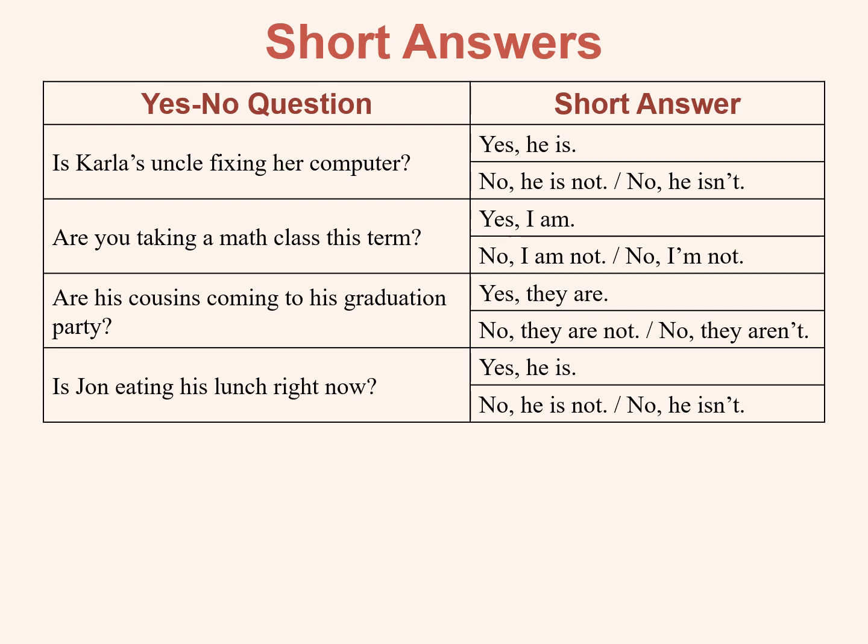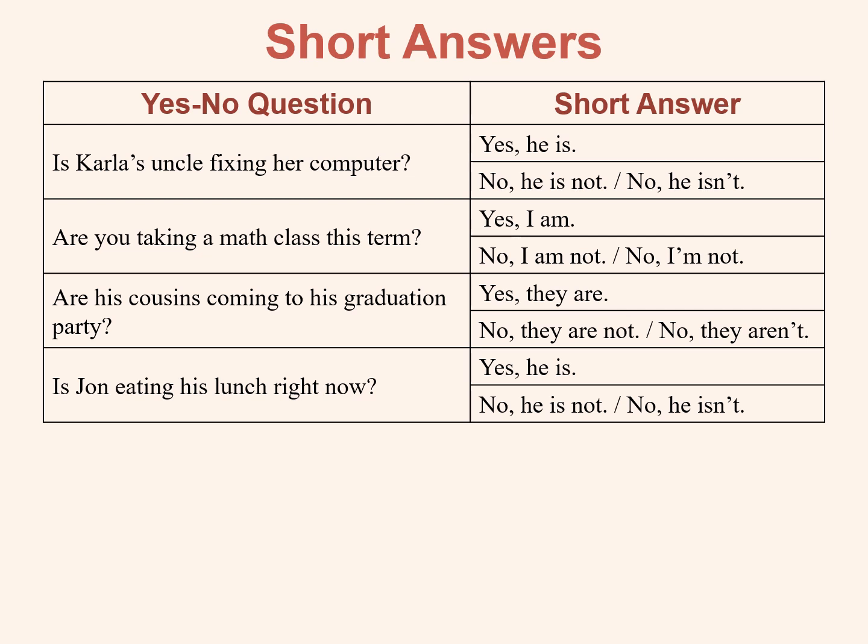We indicate affirmative, yes. Then we usually use a pronoun to substitute for a noun phrase in the question. For example, is Carla's uncle fixing her computer? Carla's uncle is the noun phrase. Because uncle is masculine, we would say he.